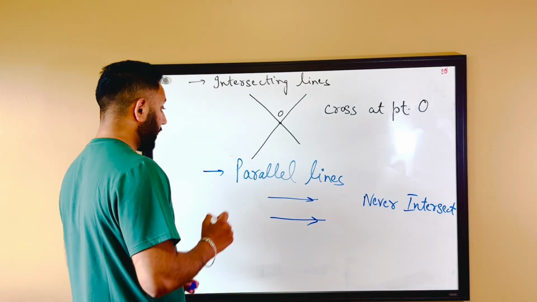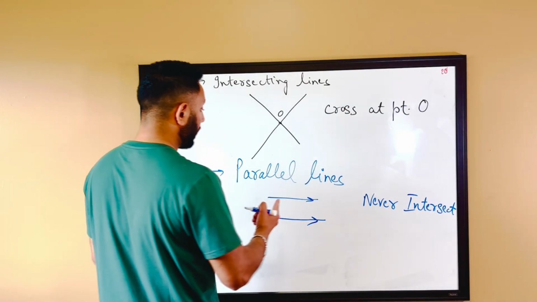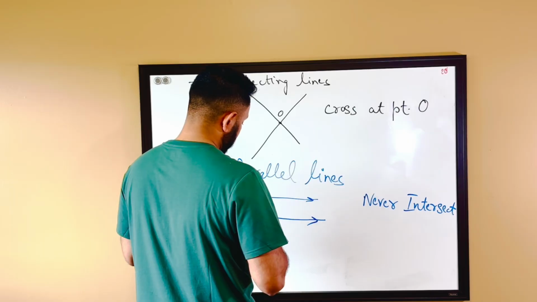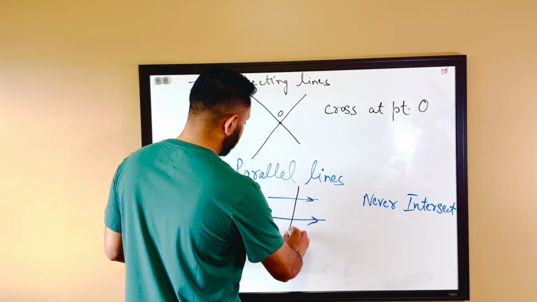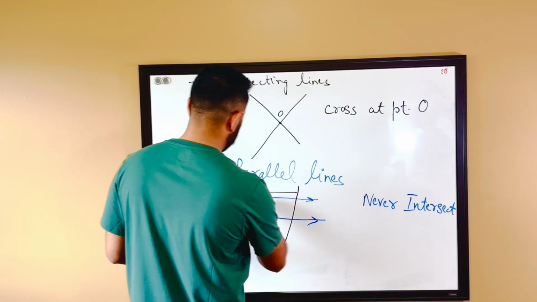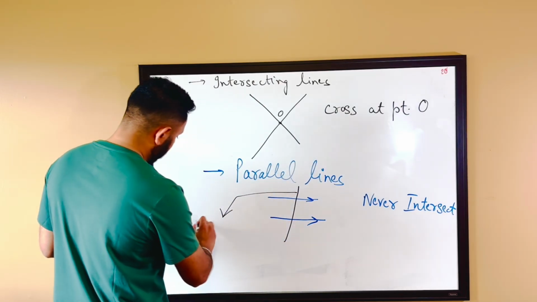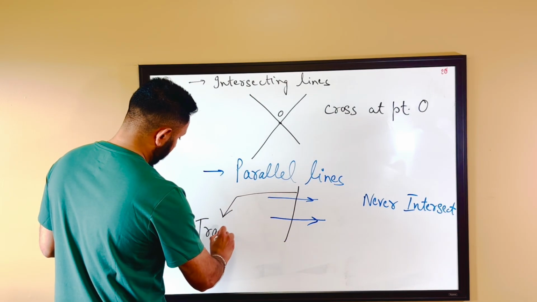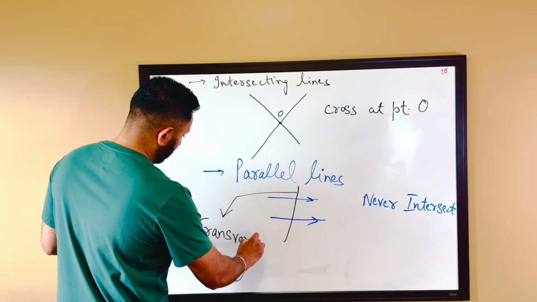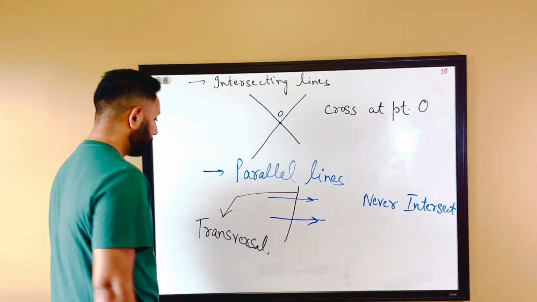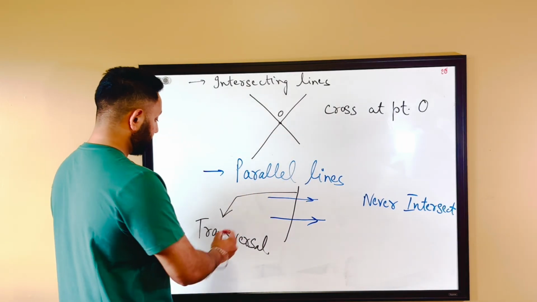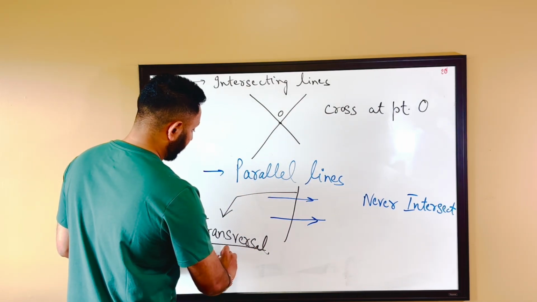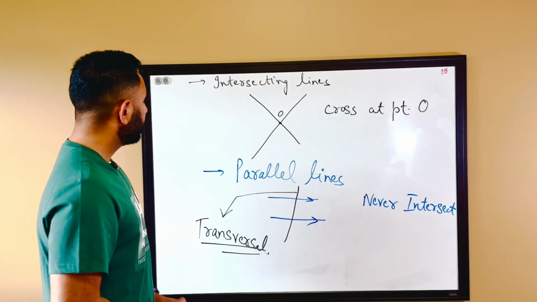And also, a line that passes through two or more lines is called a transversal line.